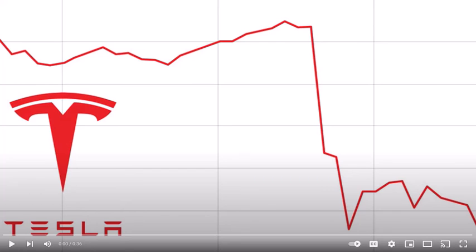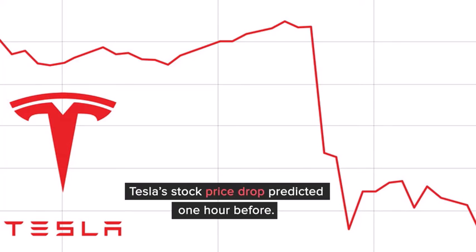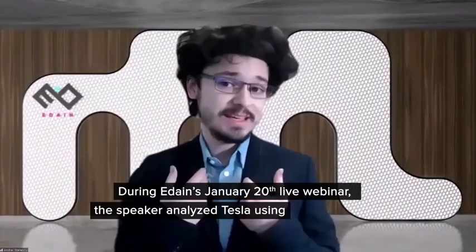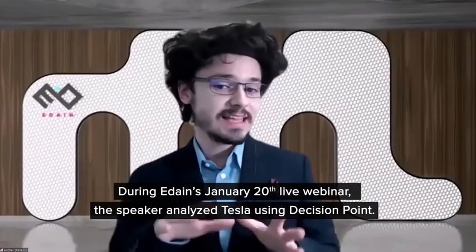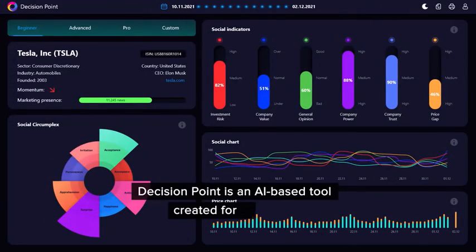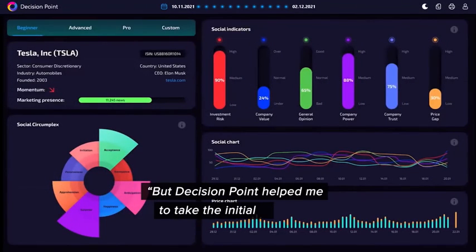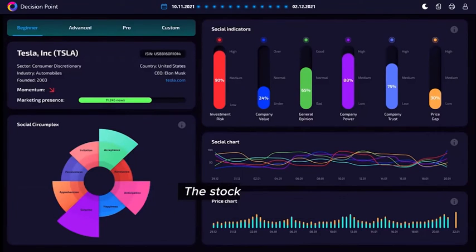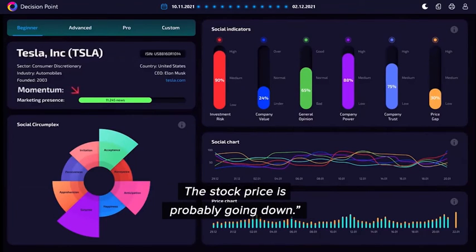Remarkably, within hours, Tesla did, in fact, do just that. But Decision Point helped me to take the initial decision: the stock price is probably going down.